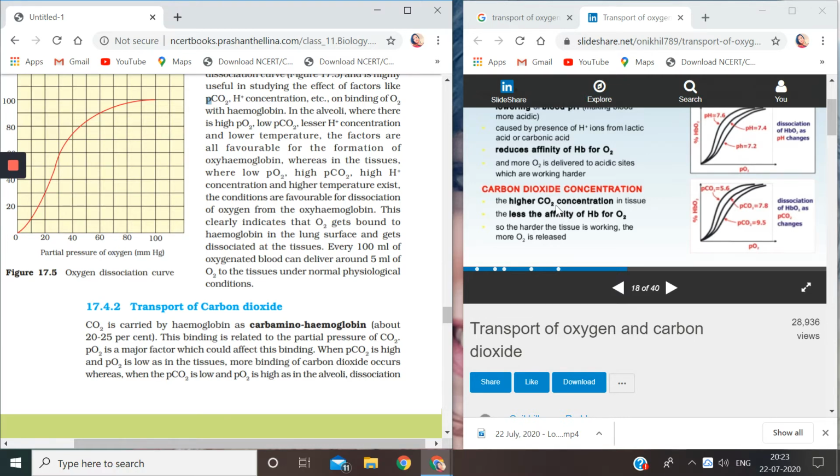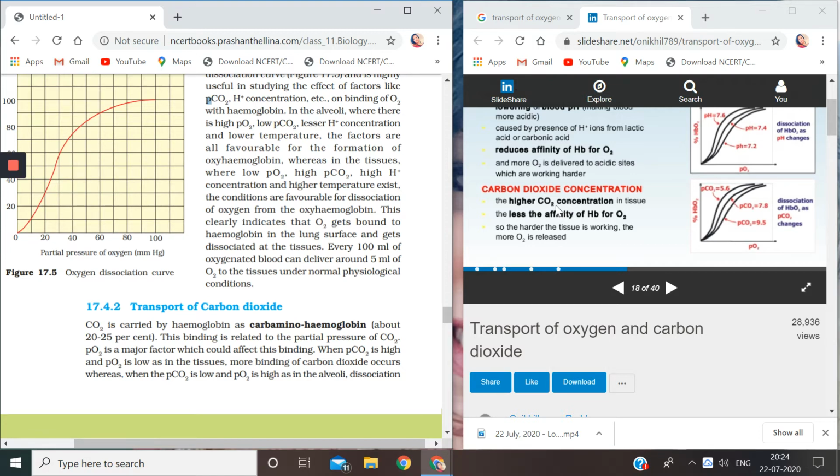Now where will we want this dissociation to happen? We would like this to happen at the tissue level, because the tissues need oxygen. So they will want more dissociation to occur.